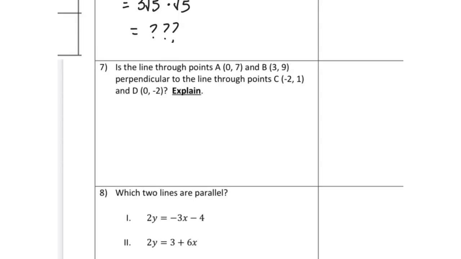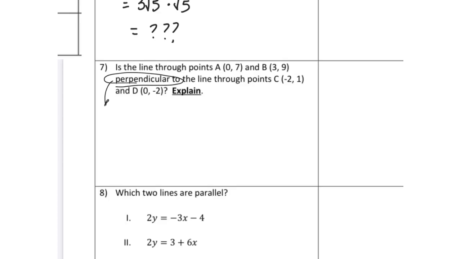For number 7, we are asked to determine whether or not these points that are on two different lines are actually perpendicular. So whether or not the two lines are perpendicular. For this, we need to remember the term perpendicular and identify what we remember about perpendicular lines.